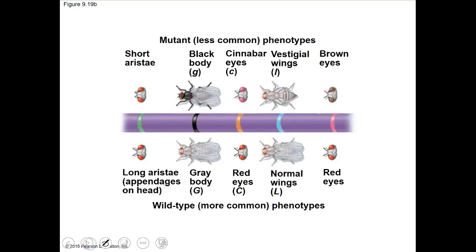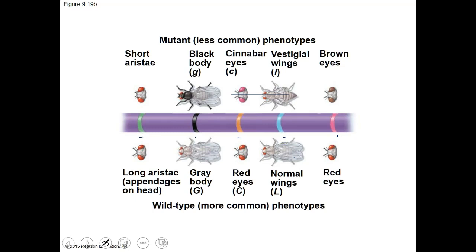So here are some that they're able to figure out the mutant phenotypes for. They have long or short antennae versus body color versus type of eye color versus some wing issues versus another set of eye colors. So they're actually able to map these things by how often they cross over.